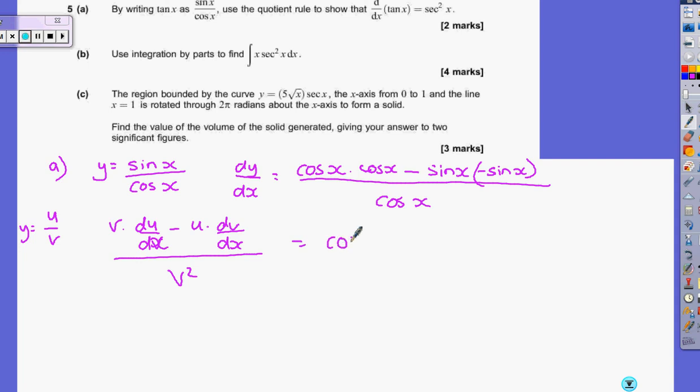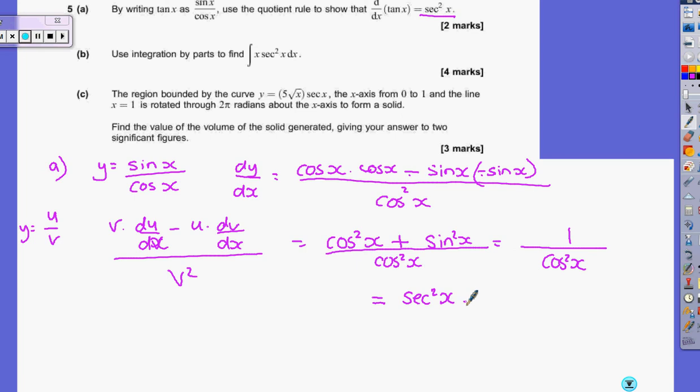So you've got cos squared x plus, because you're minus and the minus, sin squared x, over cos squared x. So cos squared plus sin squared from your C2 equals 1. Looking at where you want to go to, 1 over cos squared is actually sec squared.